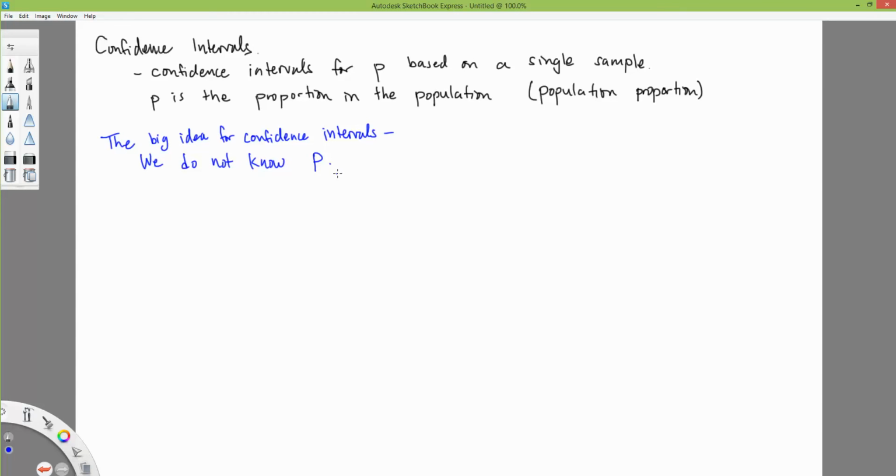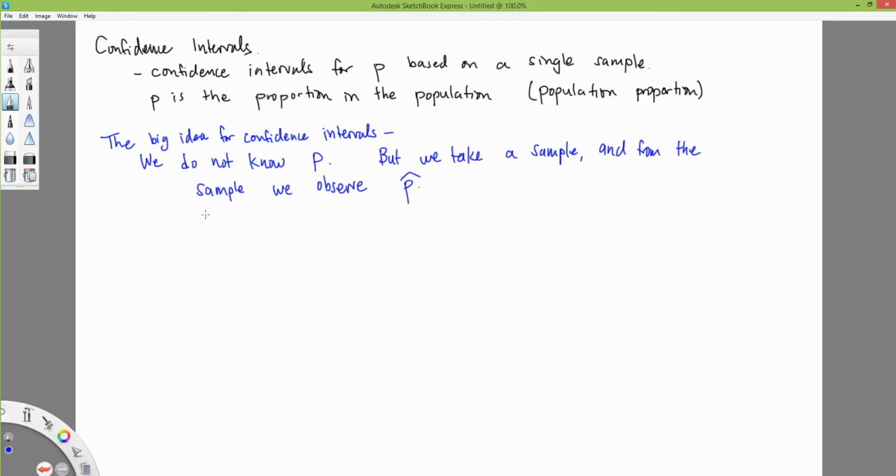We do not know P, but we take a sample, and from the sample we observe... what is the symbol we use for the sample proportion? P hat. So we take a sample, and from the sample we observe P hat.